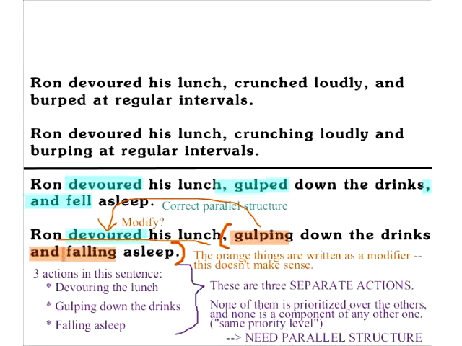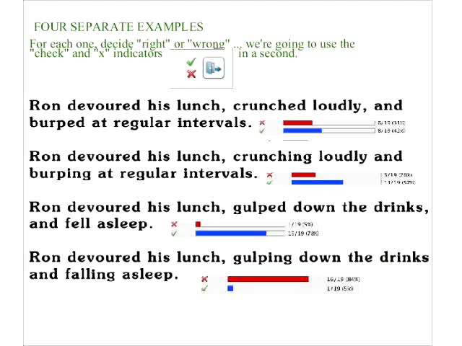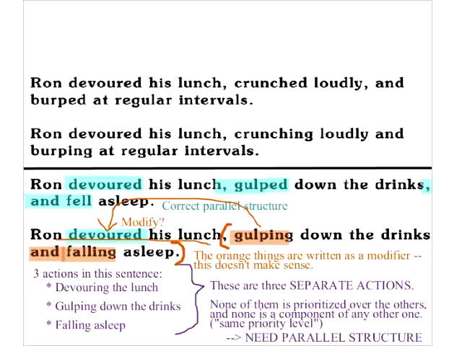Okay, now let's go to the first two. As far as the first two are concerned, we were very split. We had close to a 50-50 judgment on these, but there were a number of people who thought that both of them were fine. They're not both fine. Let's look. There's three actions in this sentence. Let's talk about what they are.